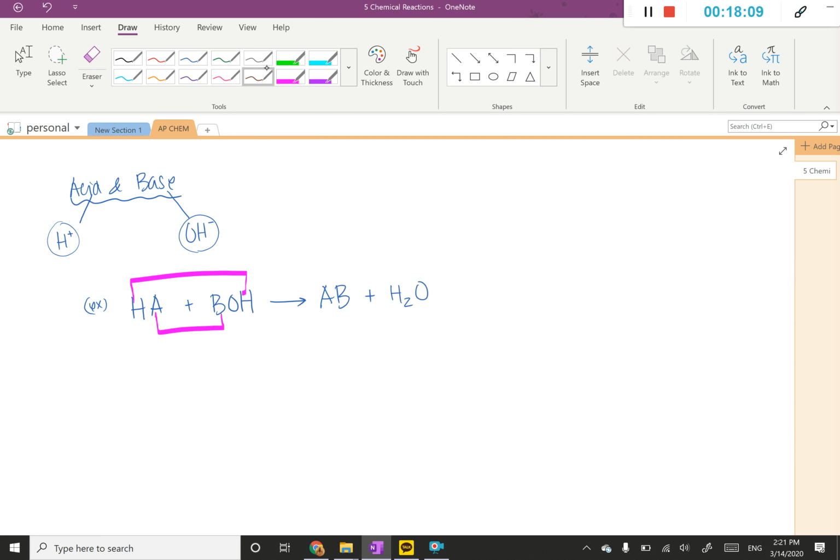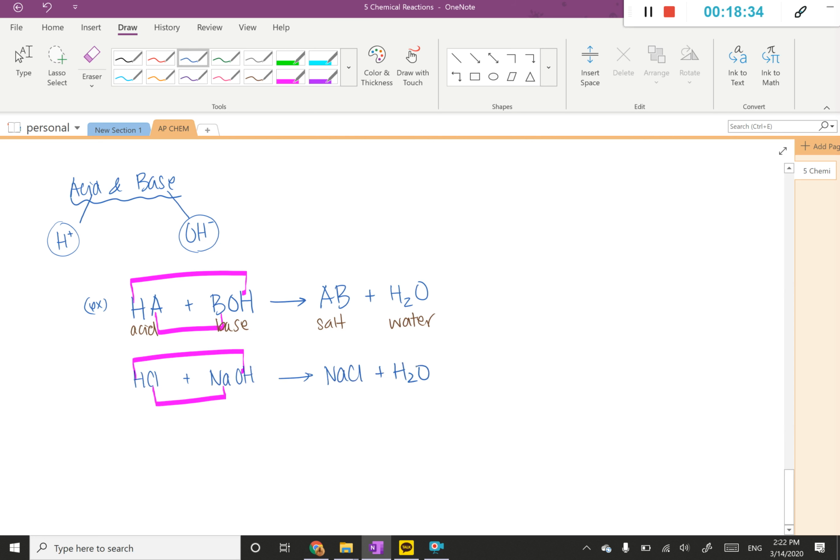So we put an acid and a base together, and we end up with a salt and water. All right, so let me give you an example. The example would be HCl plus sodium hydroxide, and then we switch partners, outside with the outside, inside with the inside. We end up with NaCl plus H2O. And obviously, this is salt and that is water.